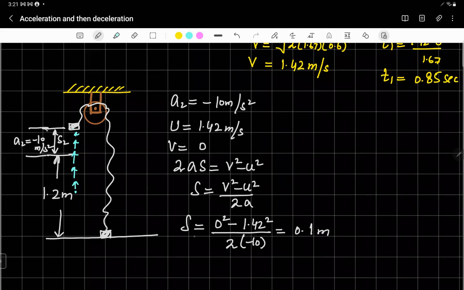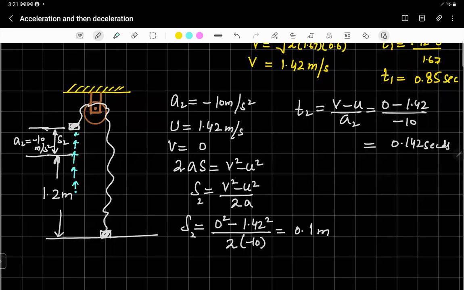We call this distance S2. And the time T2 is V minus U over a: final speed is 0, initial is 1.42, acceleration is minus 10. So it's 0.142 seconds.